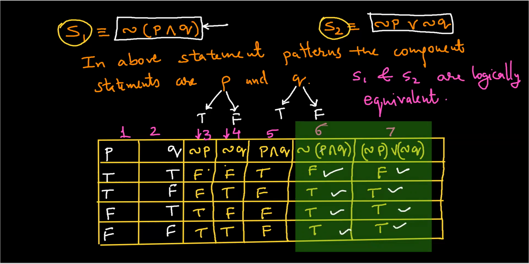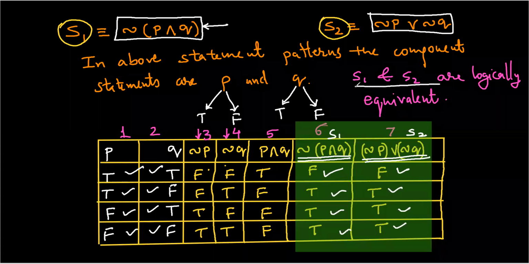So I can say that this statement pattern, which we called S1, and this statement pattern, which we called S2, have identical truth values for the given truth values of their component statements. Hence, S1 and S2 are logically equivalent.